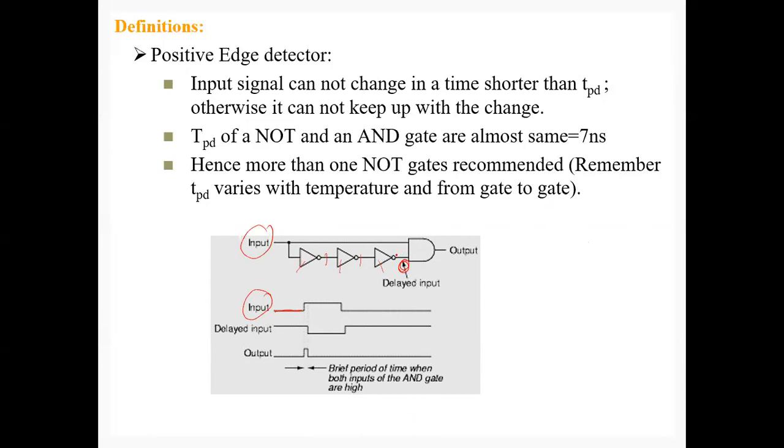So you get the opposite input here. That's why when this is low, this becomes high. This is high, you get low. This is low, you get high.